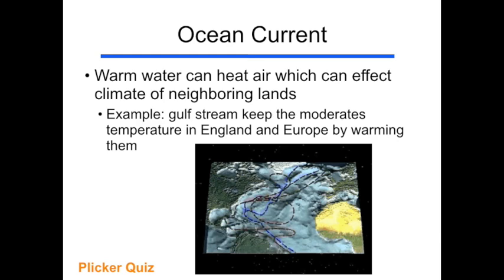The hot water is on the top, and there's where your convection current happens.